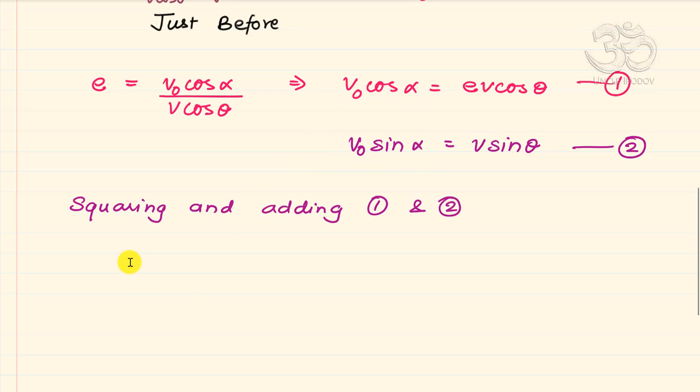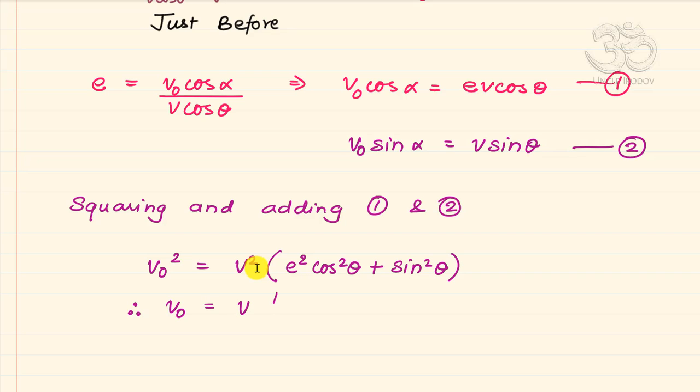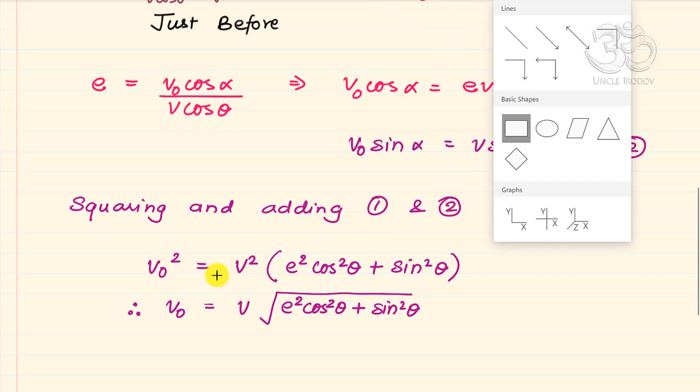So v naught squared is equal to, on the right hand side, you will have e square v square cos square theta and v square sine square theta. So v square can be taken out. You will have v square times e square cos square theta plus sine square theta, and so therefore v naught will be v times root of e squared cos squared theta plus sine squared theta. So you have done this, not a big deal, and let us box that result.